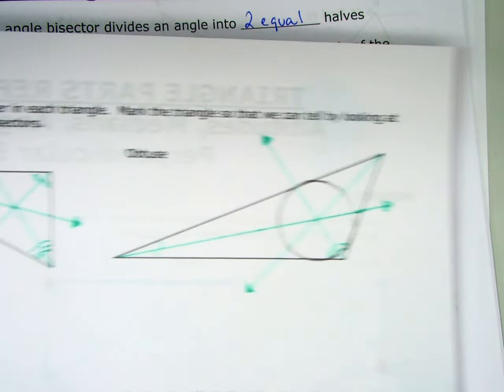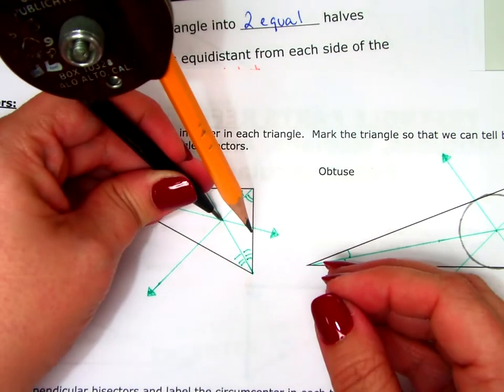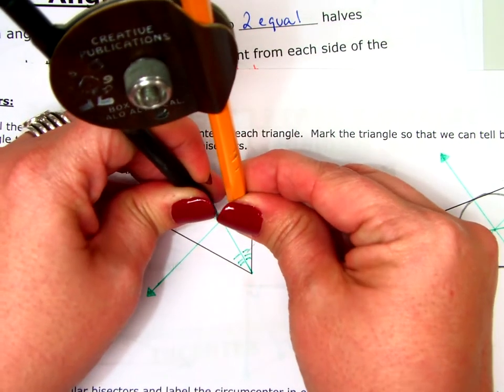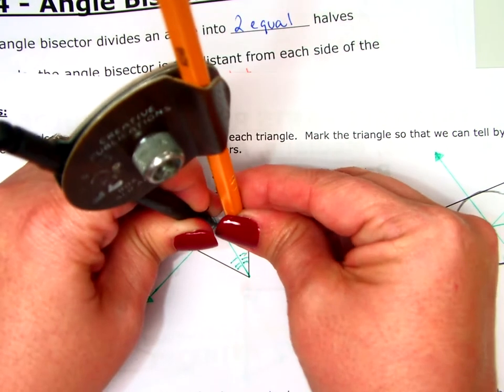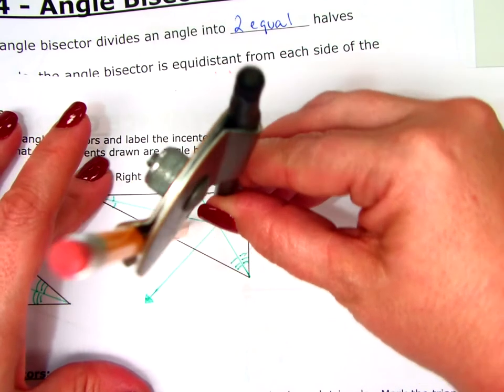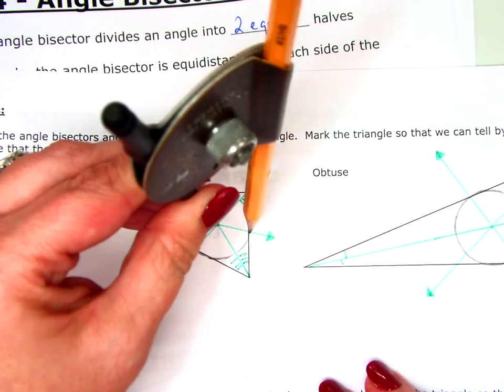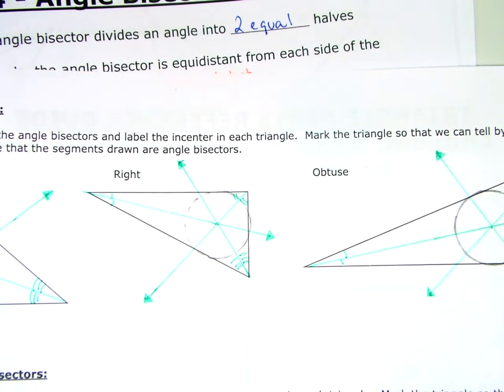Okay. I did pretty good on that one. This one, oh, I didn't do near as good on this one, I don't think. Oh, maybe. Not too bad. A little off to the right over here.